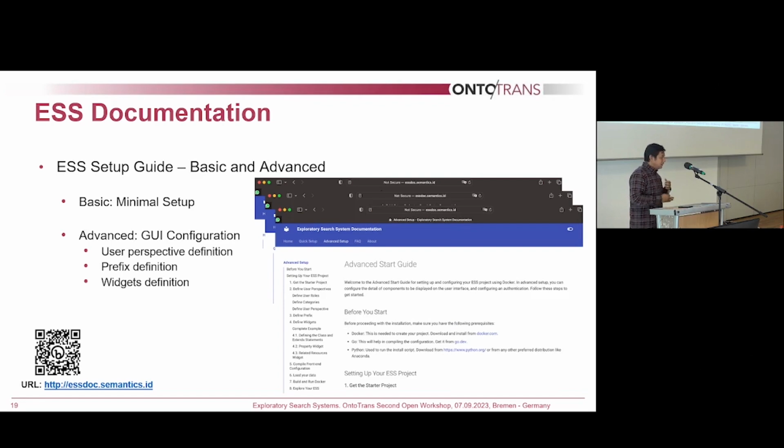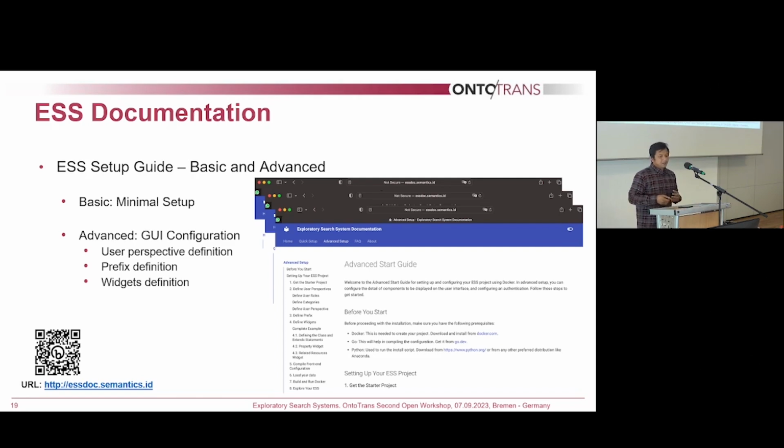But if you want more control over what is shown to the user, what kind of things you can see in the GUI, then you can go for the advanced setup, where you can, for example, define the user perspectives. How many user perspectives do you want? Translator, guest, engineer, project manager, and each of them may have a different type of UI to work with.